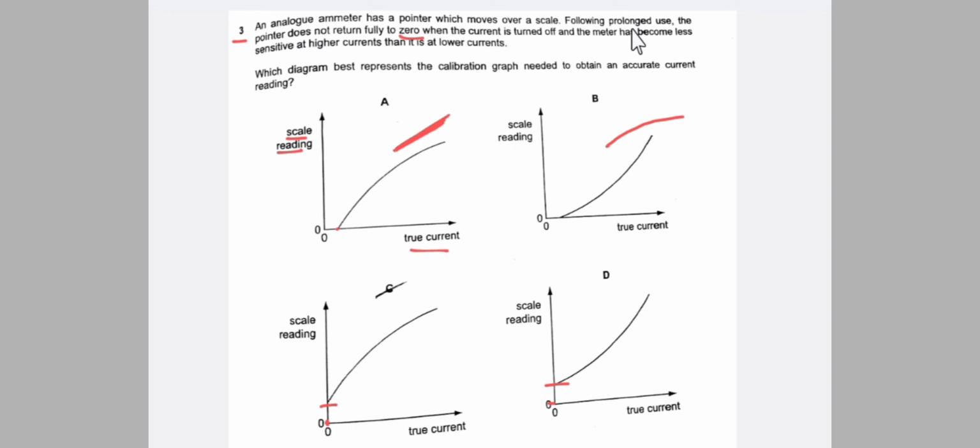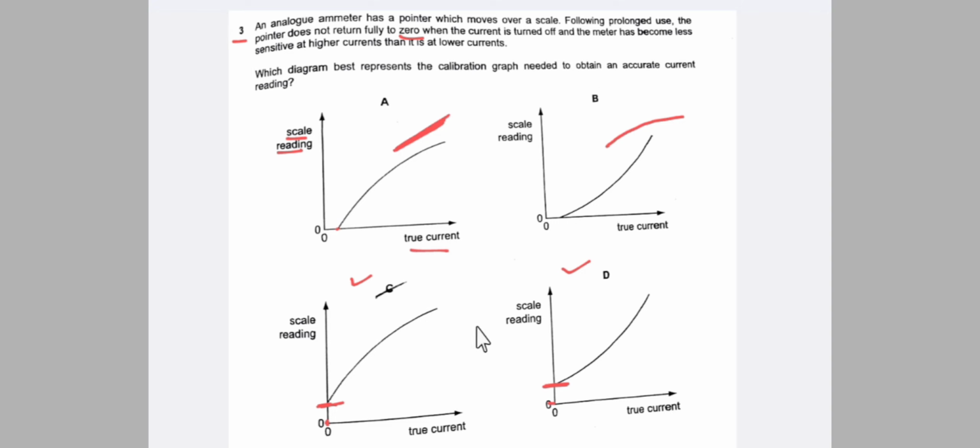The result is that following prolonged use causes the pointer not to return to 0. That means when the true reading is 0, the pointer reading is not 0. So it will be option C or D. Then the meter becomes less sensitive at higher current.